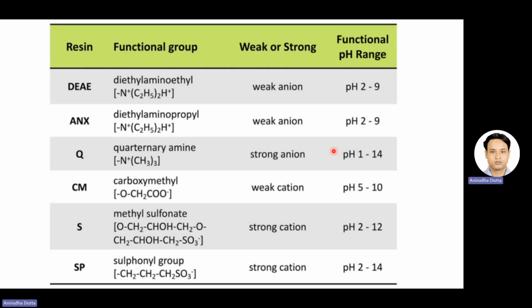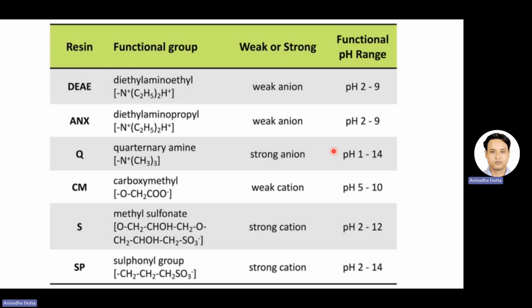Similarly for cation exchangers, CM, carboxymethyl, is a weak cation exchanger, and it works at pH 5 to 10. Among the strong cation exchangers we have SP and S, methyl sulfonate and sulfonyl groups, and they work from pH 5 to 10, or in some cases 2 to 12.